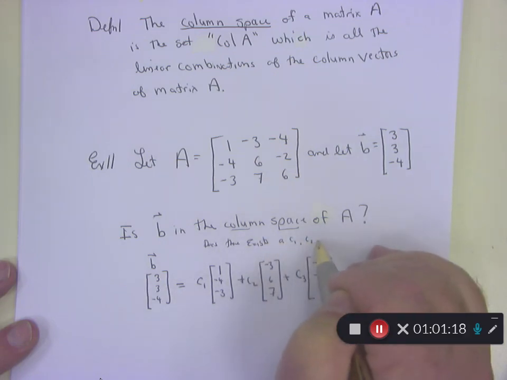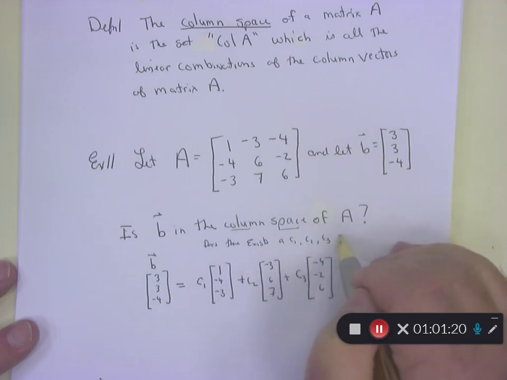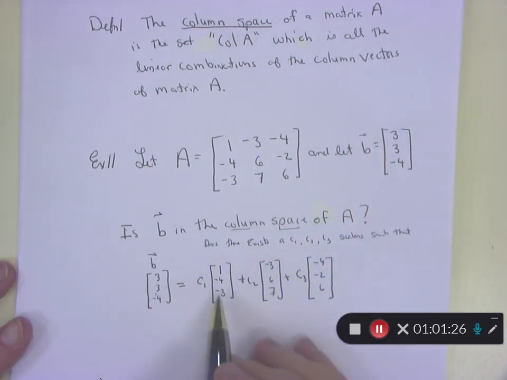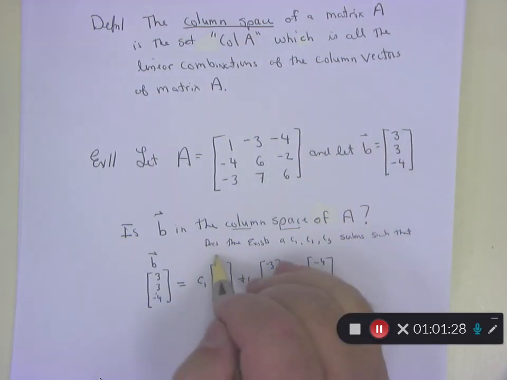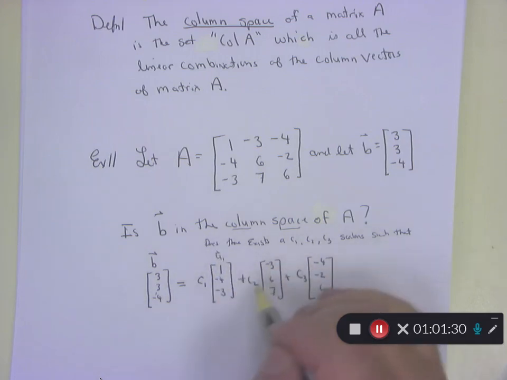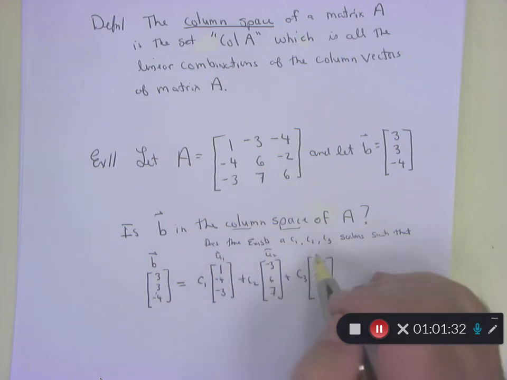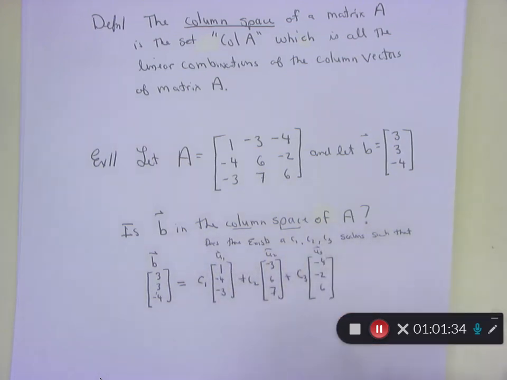And the real question is, for B to be in the column space of A, do there exist constant scalars C1, C2, C3 such that B is equal to C1 times this vector, I'll call it U1, plus C2 times U2, plus C3 times U3? Can you find me a C1, C2, C3? You see how this is rolling back from all that stuff we've done before.